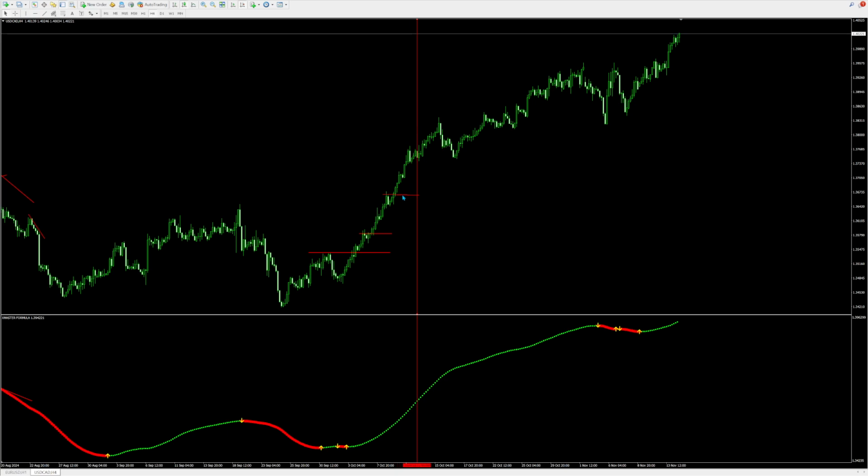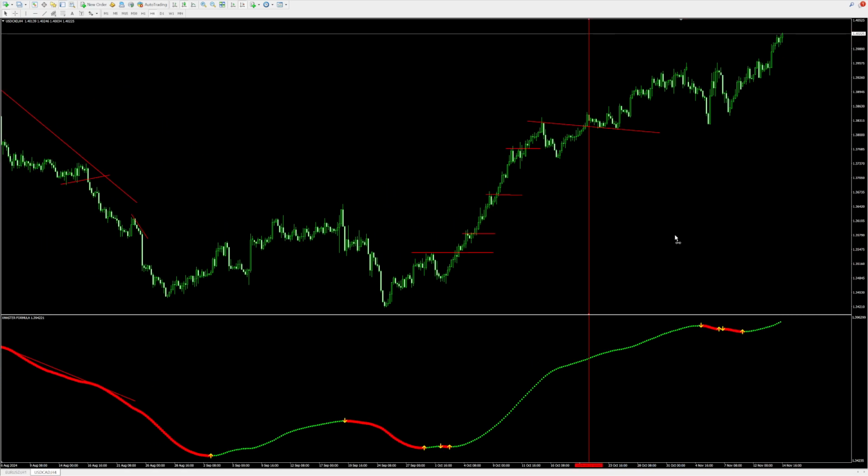Pullback here, breakout, green, confirmed. Big pullback here, and interestingly, the indicator stayed green. We have our pullback, breakout, confirmed.